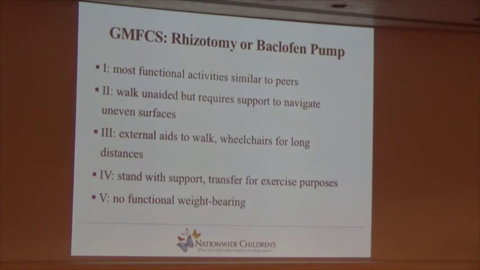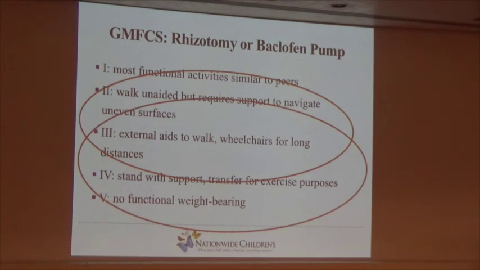Now, what this breaks down into, very simply, is the way that people are generally thinking about rhizotomy or Baclofen pump. This is probably a lot of what most people are doing in selecting patients for selective dorsal rhizotomies, going back to one of the original slides that I showed.